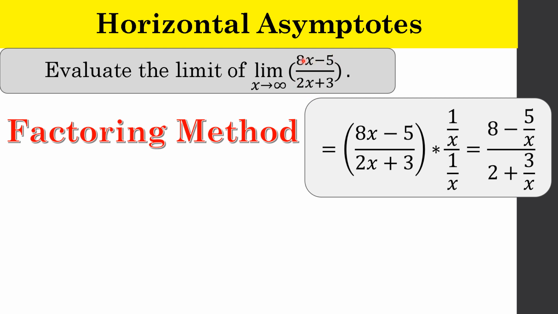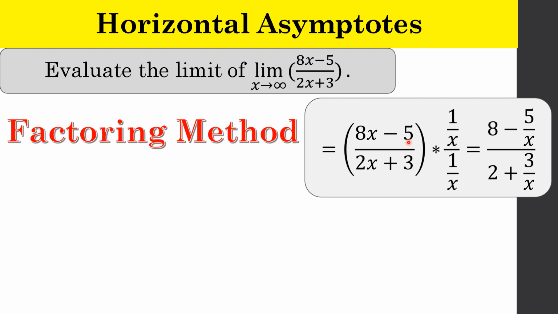So we have 8x minus 5 over 2x plus 3 multiplied by 1. Again, yung 1 na yun is your 1 over x divided by 1 over x. This is also equal to 1. Then, i-multiply natin yung 1 over x to each part of your numerator. So 8x times 1 over x results to 8x over x, or simply 8.